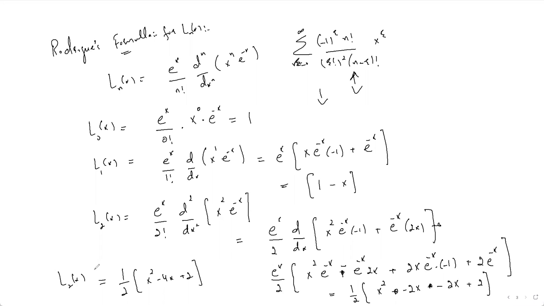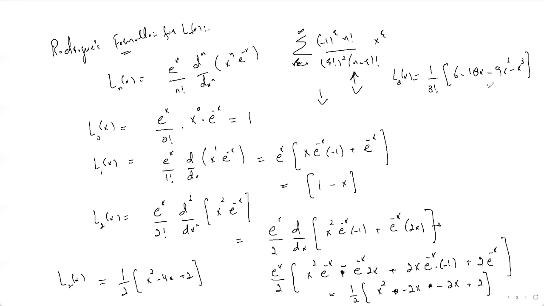Similarly, you can find out L3, L4 of x. I will just write L3 of x here, but you prove it. You take the third derivative. L3 of x will be equal to 1 by 3 factorial, or you can write this as 1 by 6, times 6 minus 18x plus 9x square minus x cube.